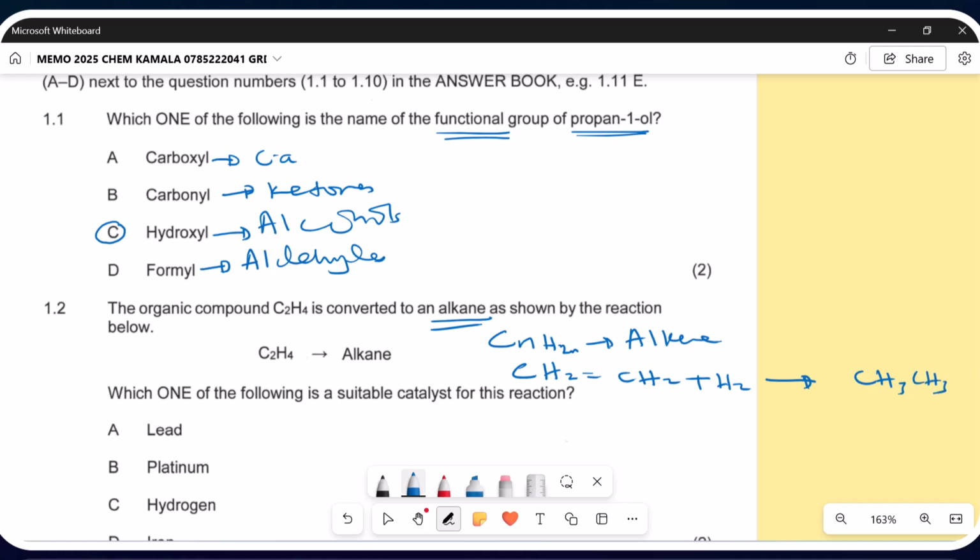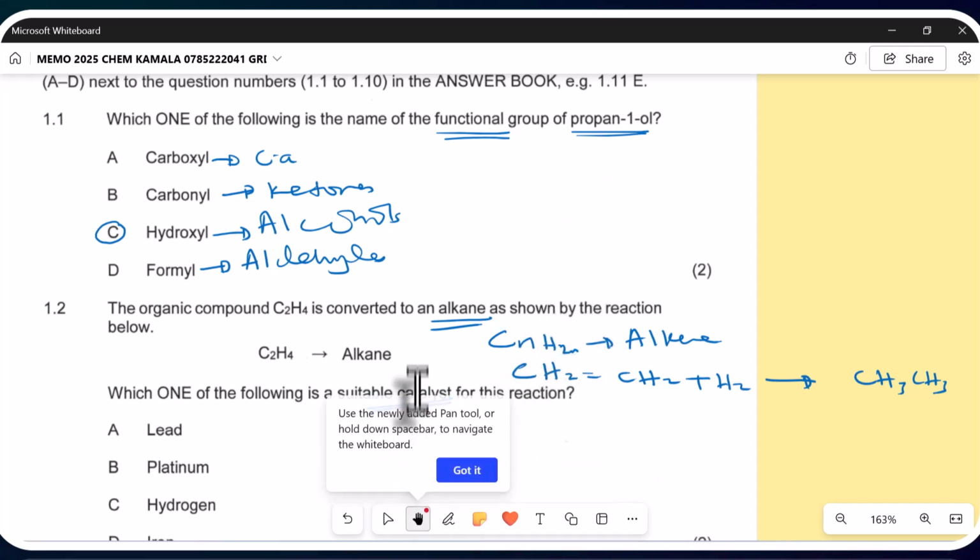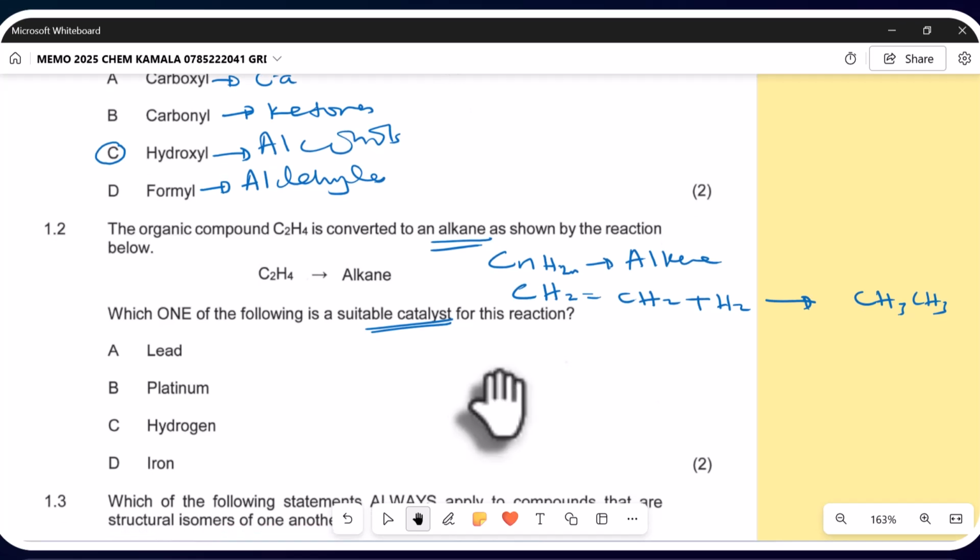Now, which one of the following is a suitable catalyst? Because we are adding hydrogen to the unsaturated compound, we use the platinum catalyst. So here the answer is B. We don't use lead, we don't use iron, and the hydrogen here is just a reactant used in this reaction.